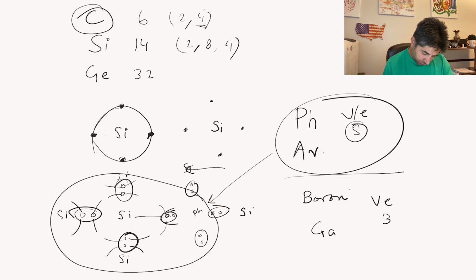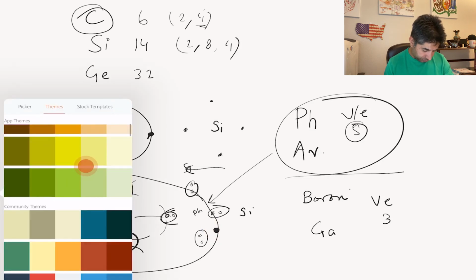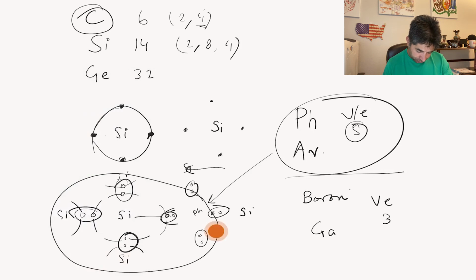But it has this 5th one. Let me pick a different color for it, a green. It's okay, you got the concept. This green electron is not bonding with any other one, because all other electrons are busy, and each phosphorus has one electron which is not creating a bond with any of them.